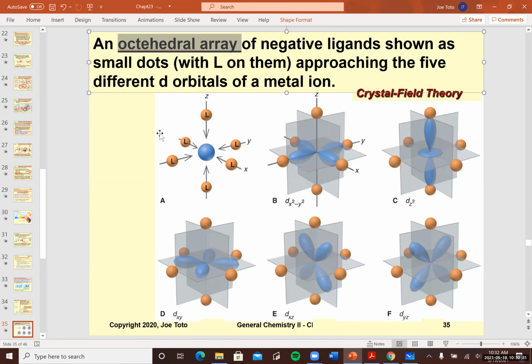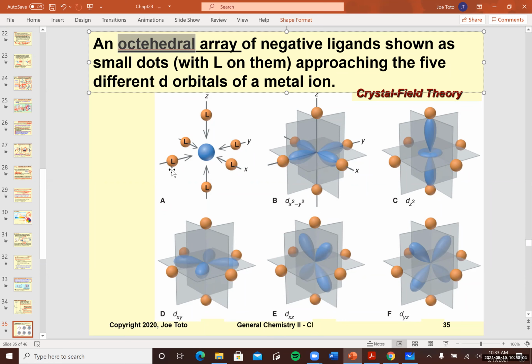So when you talk about orbital energy ordering, or the diagram, using crystal field theory, you have to say what geometry you're applying that crystal field theory for. So this is the crystal field theory for the d electrons when there's an octahedral field of ligands. So that's what they're talking about, octahedral array, or sometimes they'll say octahedral field.